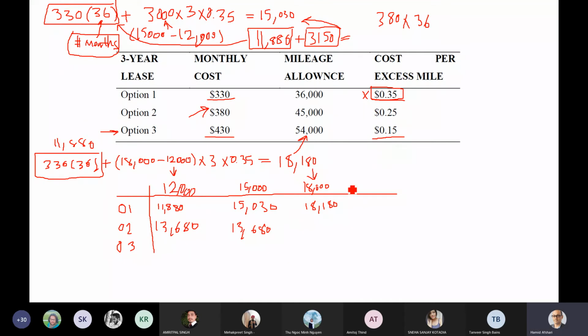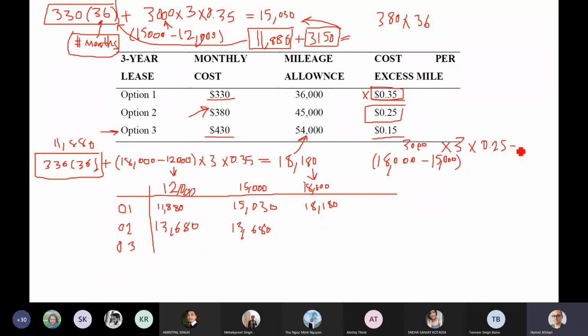And then what about here? I should pay a fixed cost, which is this one, plus a variable cost of excessive mileage. The variable cost of excessive mileage is: here I am going 18,000 miles minus the maximum allowance for the second leasing option, 15,000, which is 3,000 in total, correct? Multiplied by 3 years, multiplied by the cost of excessive mileage, 0.25. Exactly.